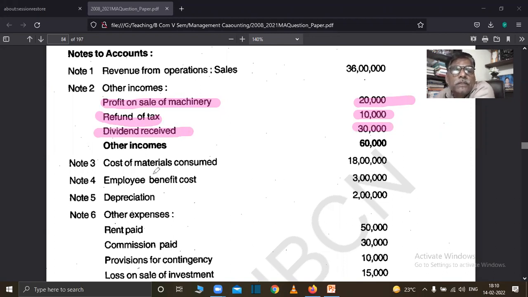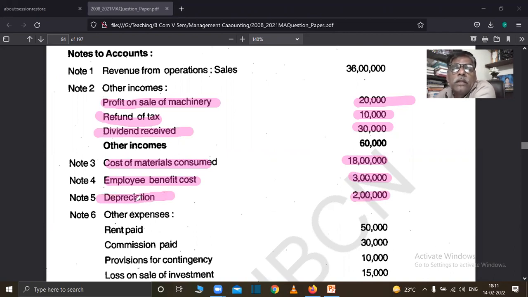And regarding expenses, cost of material consumed is relating to operation. Okay. Employee benefit cost is related to operation. Depreciation is relating to operation, but it is a non-cash item. It is a non-cash item, therefore you add this item. Add. Okay.